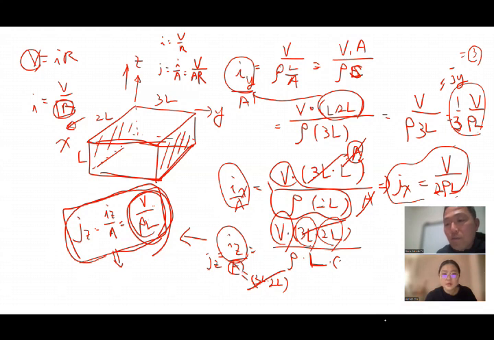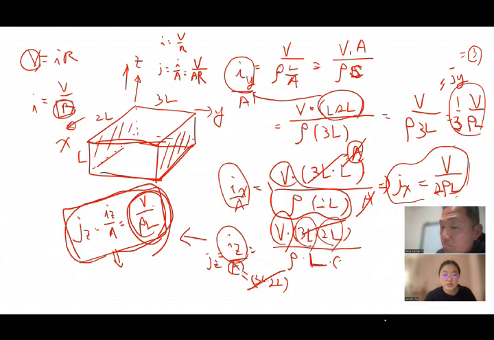No, I think the easier way to go about it, my teacher just said, is that the electric current density is proportional to the current, because the current is equal to the current density multiplied by the area.